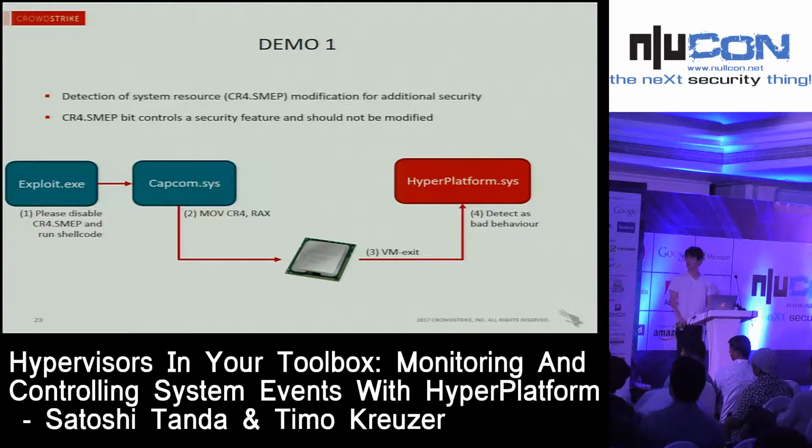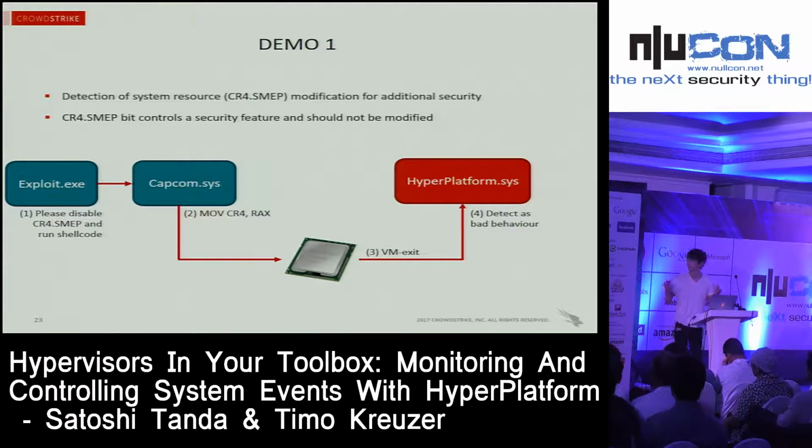But there is a vulnerable driver named Capcom.sys in the wild, and that driver has a feature to disable that SMEP flag. So I am going to install this driver and run this exploit and show successful exploitation first.